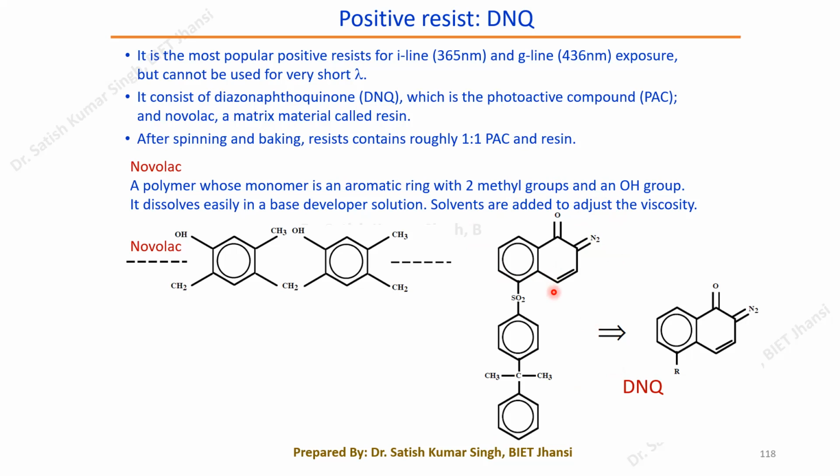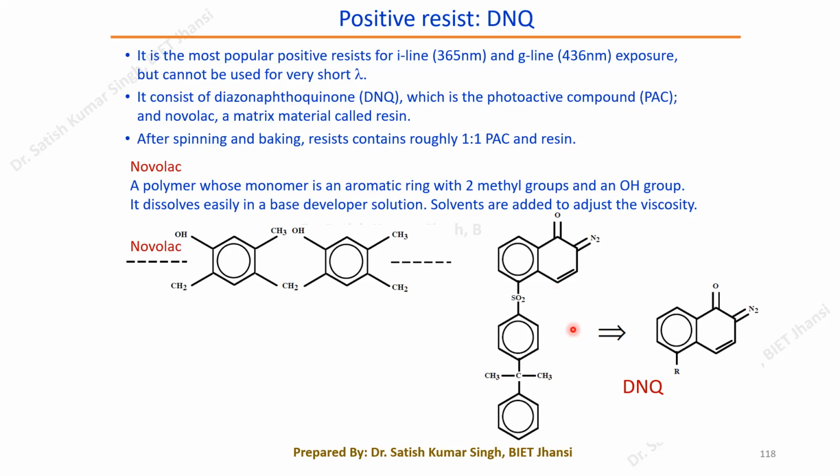After that chemical action, it will change the chemical property of the DNQ such that when it is mixed with water in the presence of the developer, it will form a particular carboxylic acid, and that acid can be dissolved into the developer.